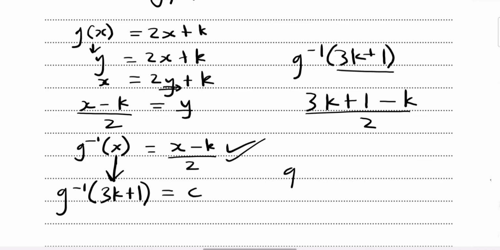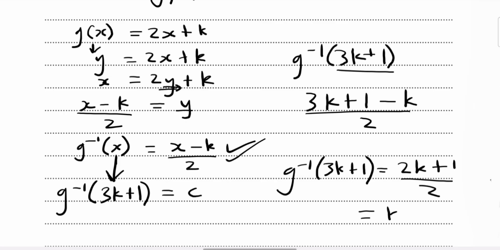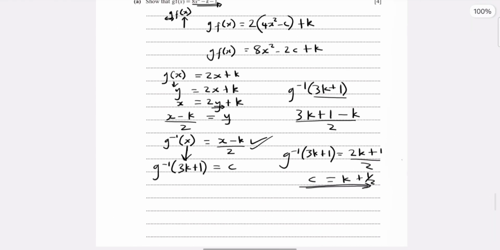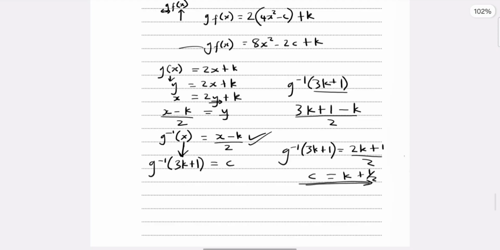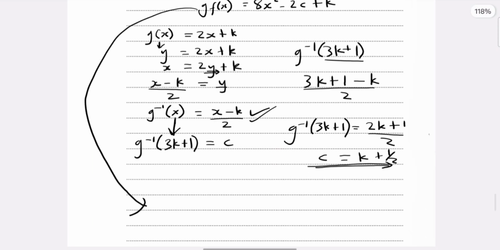So our inverse of g of 3k plus 1 will be equal to 2k plus 1 over 2, which is just k plus a half. And we're told this is c.